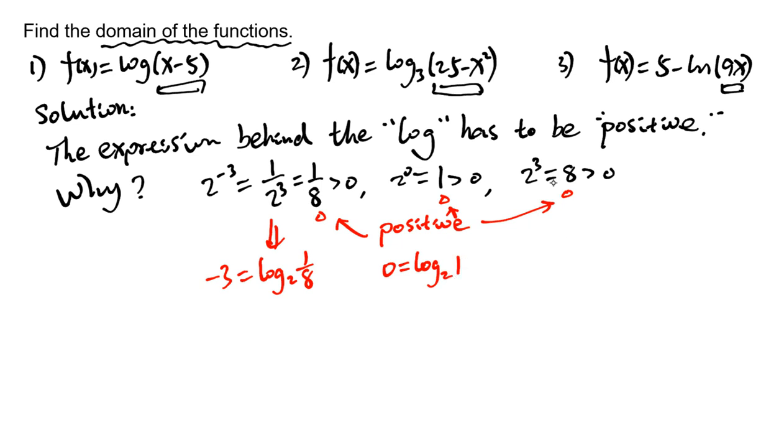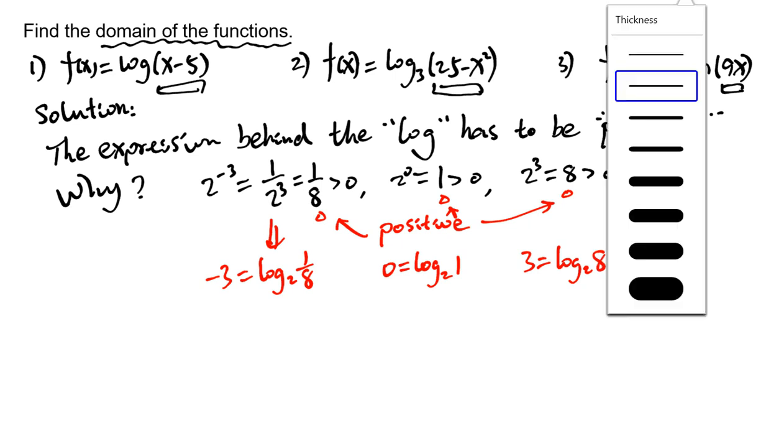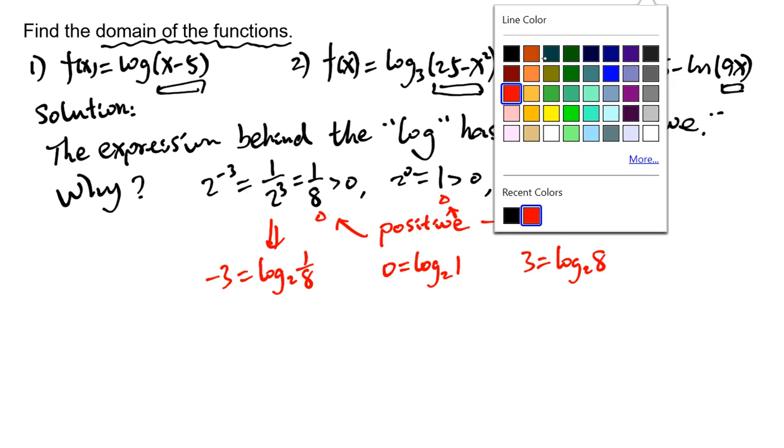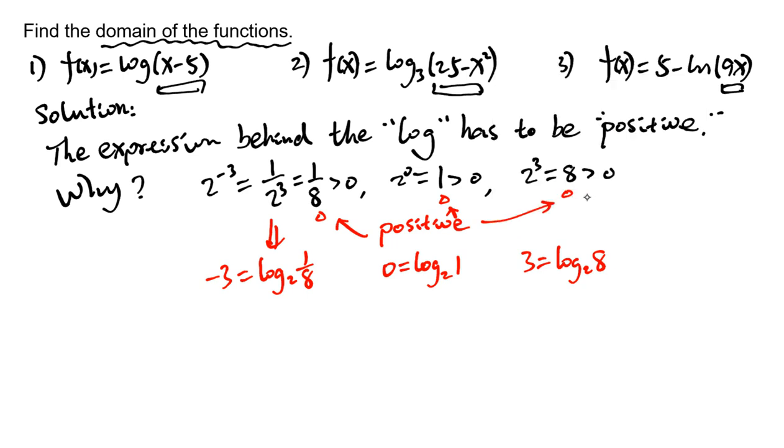And then for this one, the logarithm is log base 2 of 8. So you can see this 8 goes here, and this 1 goes here, and this 1/8 goes here.